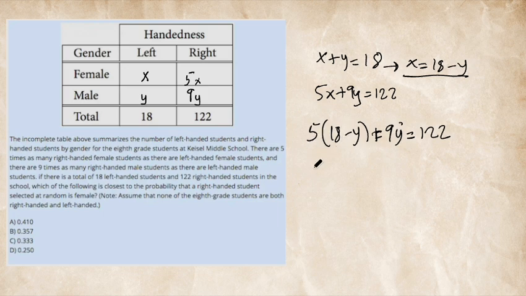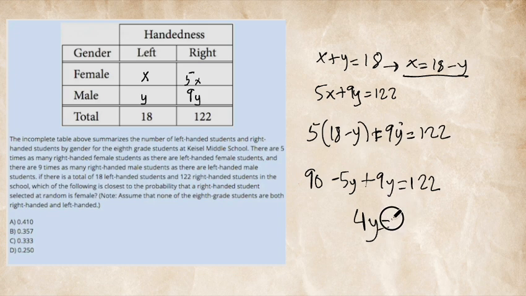So if you multiply this, 18 times 5 is 90, minus 5y plus 9y equals 122. So this is 9y minus 5y, that's 4y, and then we can subtract 90 on both sides, so this becomes 32. And so you know that y is 8, right? So if y is 8, x is 18 minus y, so x is 10, right?